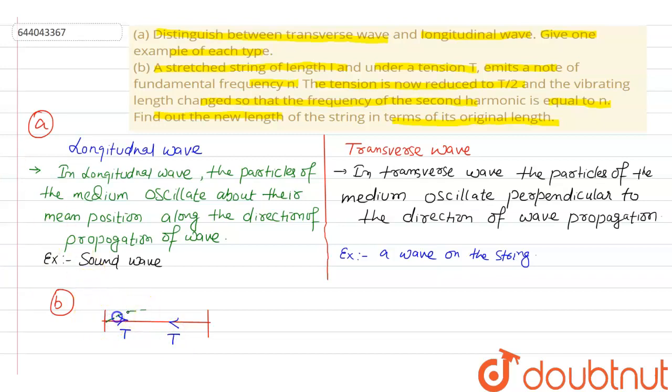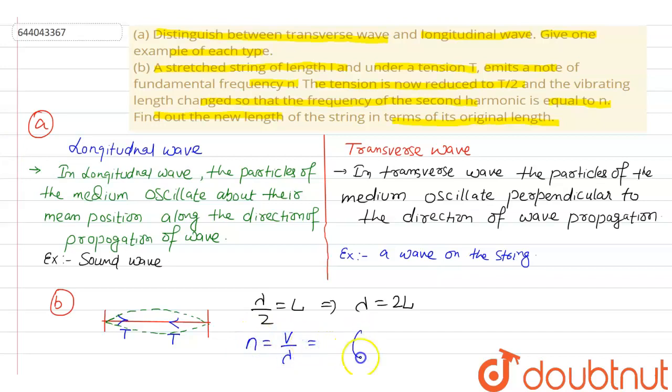The formation of a standing wave for the fundamental mode will be like this. In this case, we can say that half wave is forming on the string. So lambda by 2 is equal to L, so lambda is equal to 2L here. We know the formula of wave speed, so we can give the frequency N as wave speed upon wavelength.